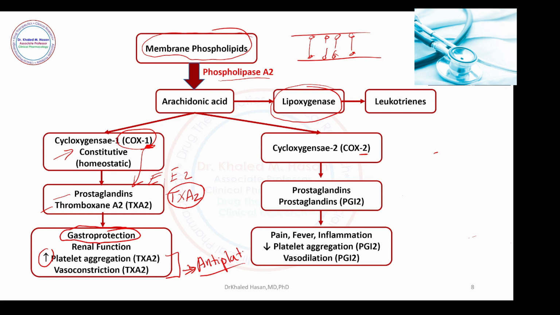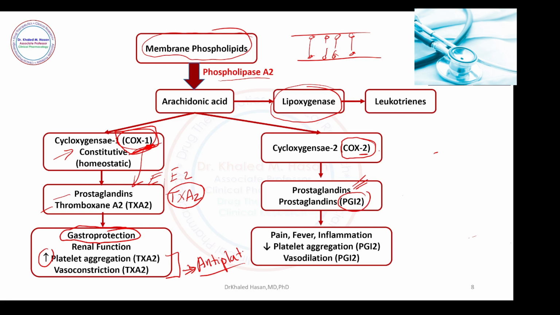The question now: you can see here that we have the first type of enzyme called cyclooxygenase 1. On the other hand, our body forms another enzyme called cyclooxygenase 2. Cyclooxygenase 2 is responsible for synthesis of several types of prostaglandin, and one of the most important is prostacyclin.